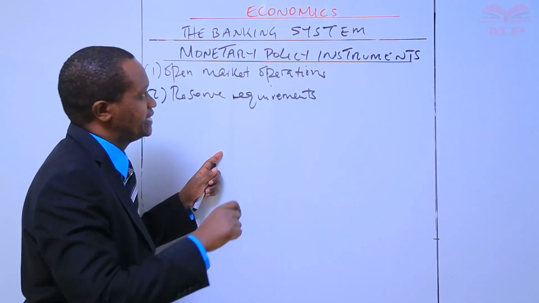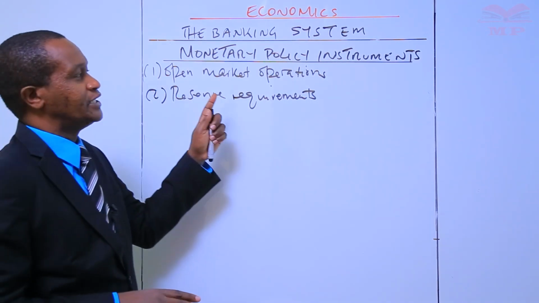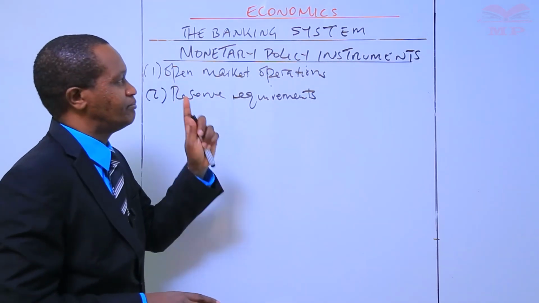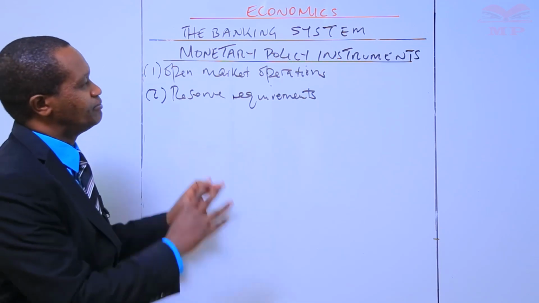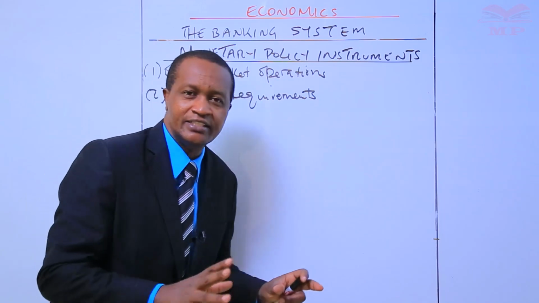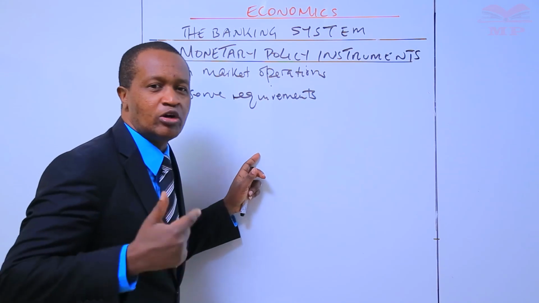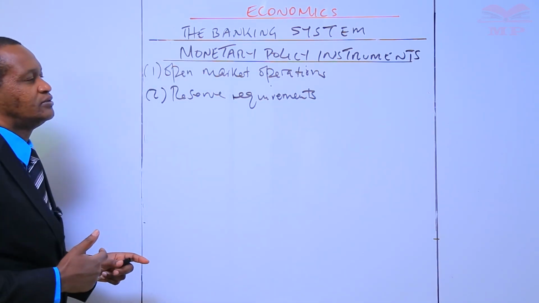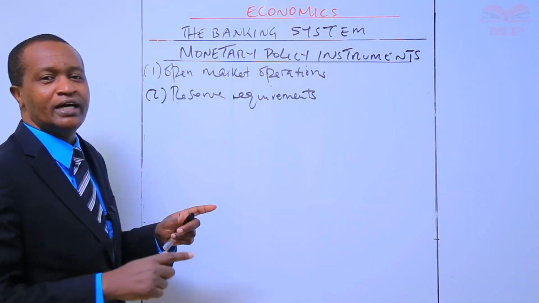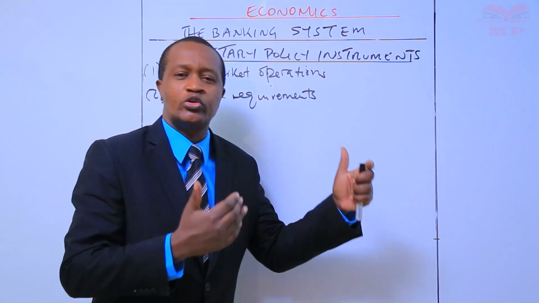That is the second instrument that the central bank can use in developing monetary policy. And remember, when we defined monetary policy, we said that monetary policy is a macroeconomic guideline that the central bank gives in order to regulate the supply of money in the economy. So reserve requirement is an instrument that the central bank can use, especially when there is excess money in the economy.